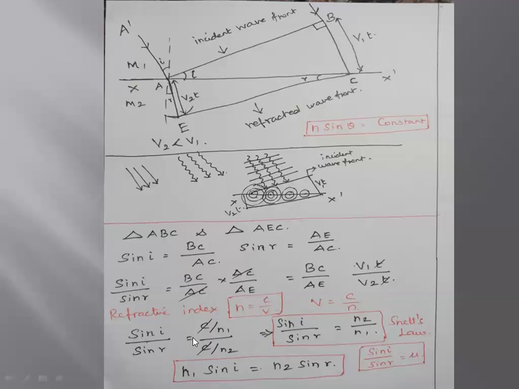So sin i by sin r is equal to, instead of v1, c by n1, and for v2, c by n2. c and c will get cancelled. The denominator will go to the numerator. So sin i by sin r is equal to n2 by n1. We know Snell's law, sin i by sin r is equal to constant. If we cross multiply, what will happen? n1 into sin i is equal to n2 into sin r.